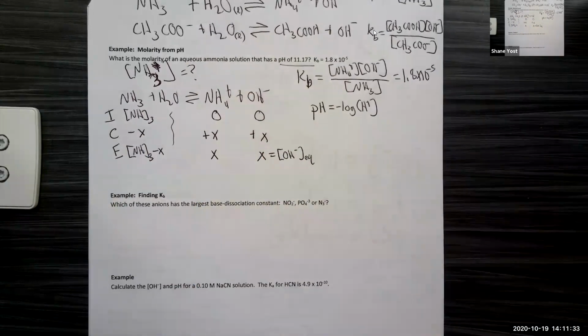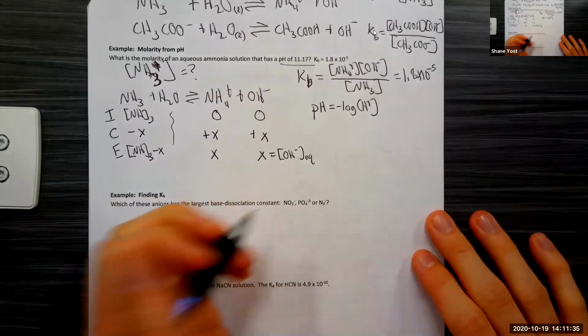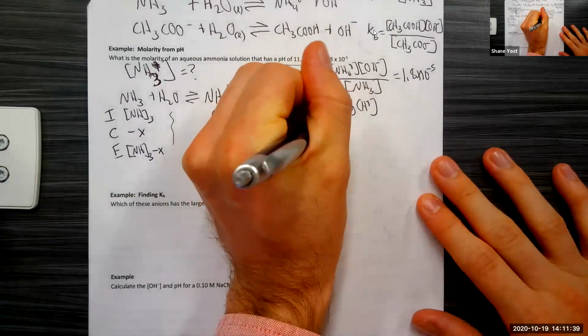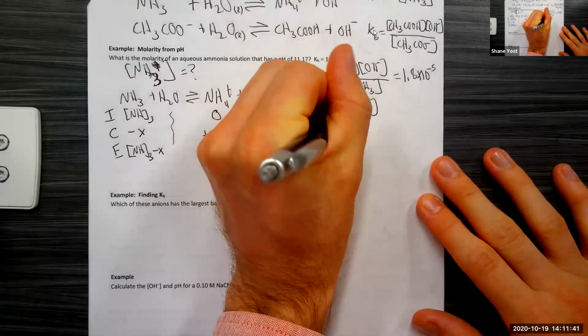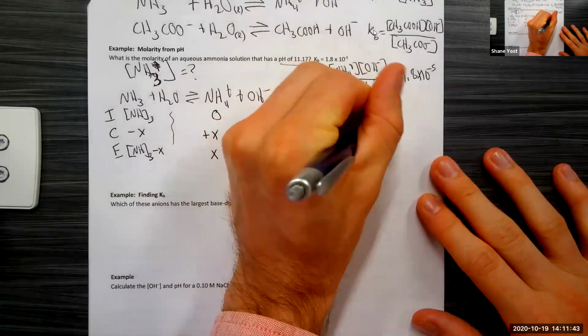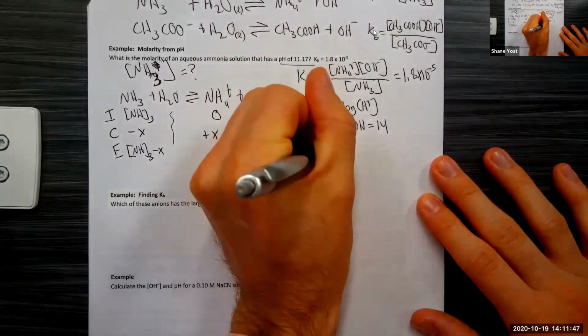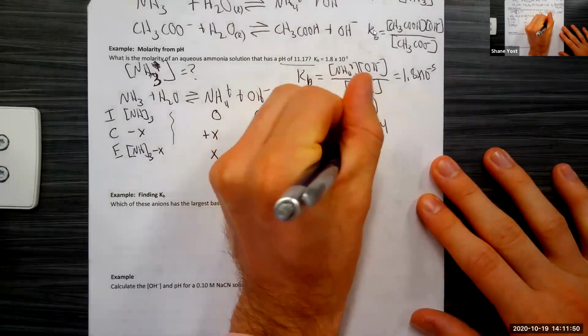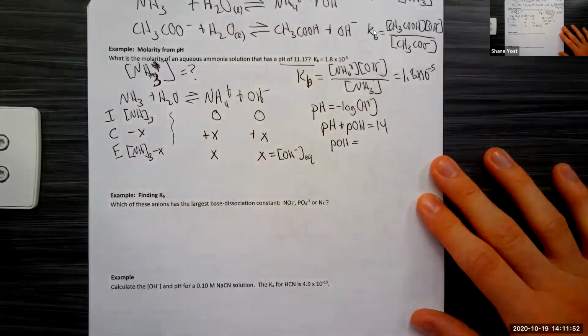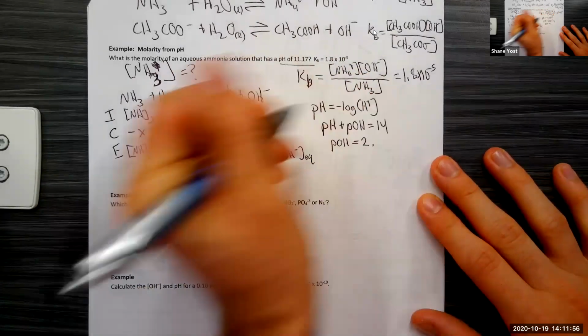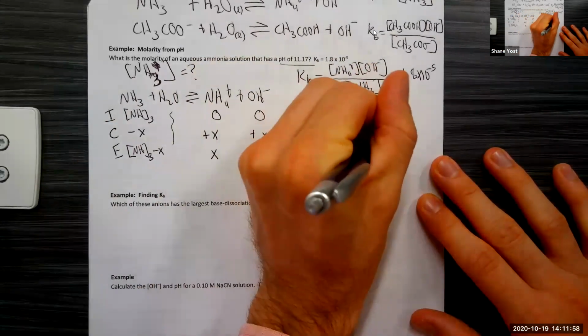There are a bunch of different ways, but one way we can do it is pH plus pOH equals 14. So that gives me that the pOH equals 14 minus that, 2.83.